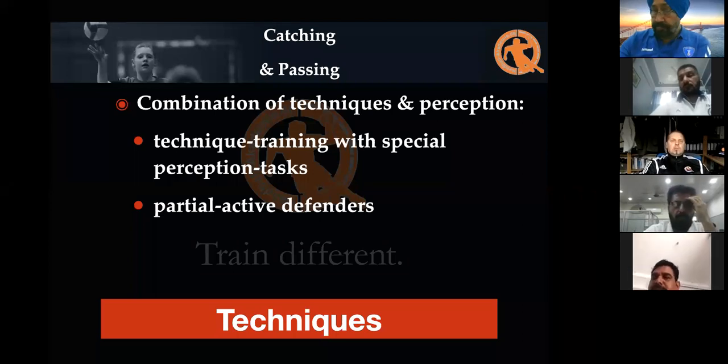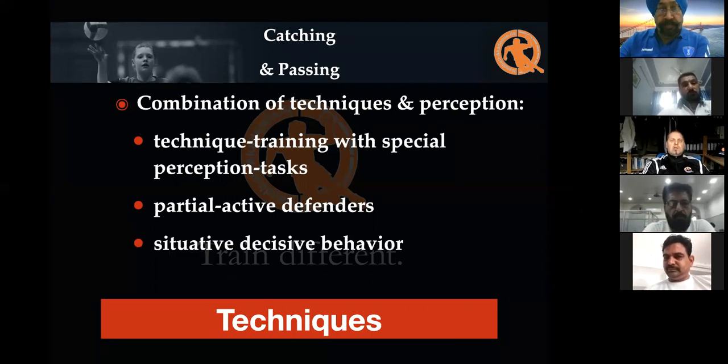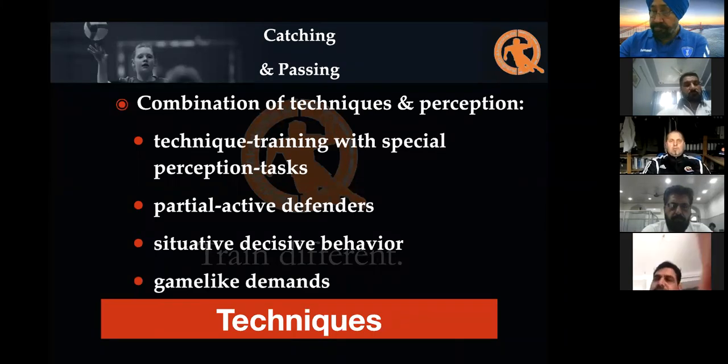In that moment, a dynamic situation appears in our technique training. So the players must make a decision depending on the situation, for instance, in variation of the passing, giving a straight pass, giving a bounce pass, depending on arms of defenders. And we have more game-like demands in our training sessions.